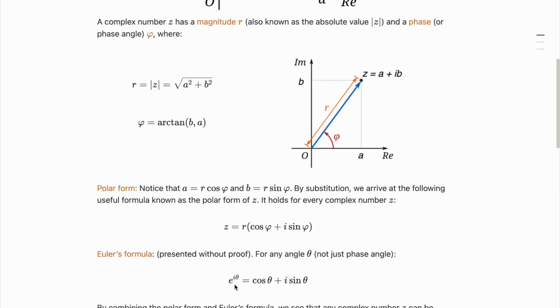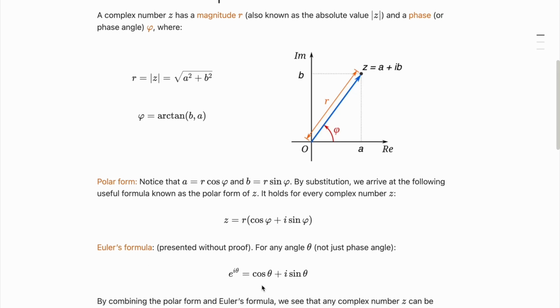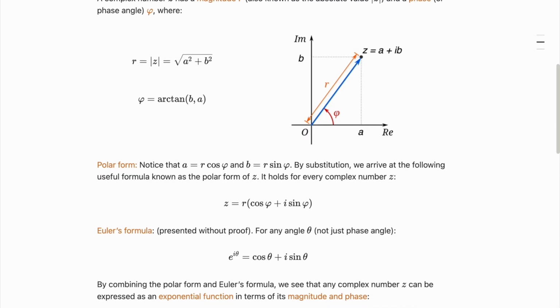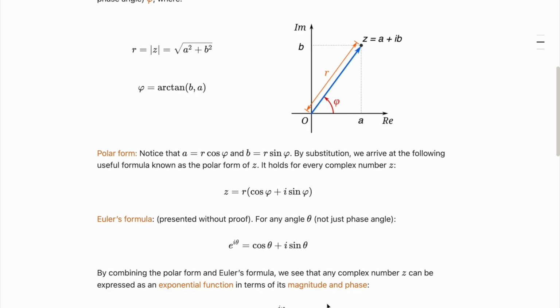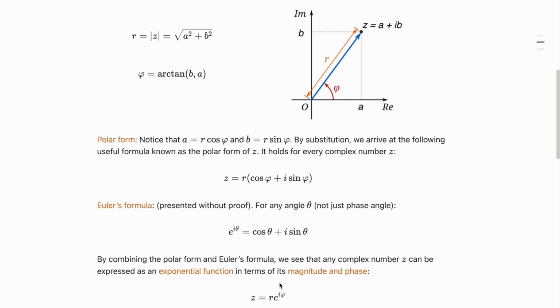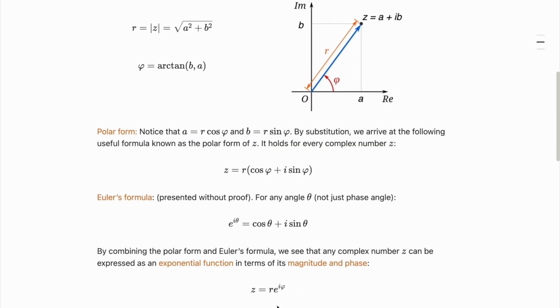Okay, so clearly this looks the same as that. So combining these two formulas, the polar form and Euler's formula, we end up with this, which means that any complex number z can be expressed as an exponential function using its magnitude and phase. And this is the form that is used in the Fourier transform.